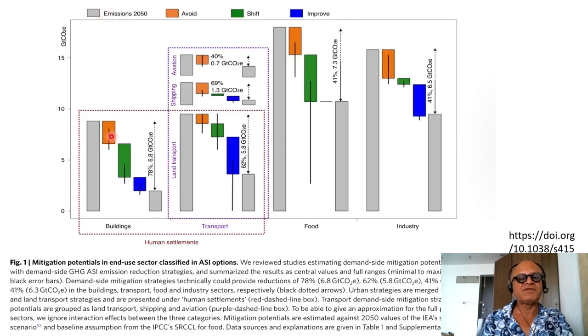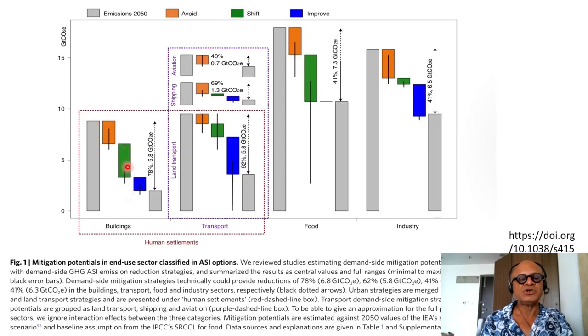And as we have done before, we looked at how much of that can be potentially reduced by these demand side solutions in each. So these are the color codes: avoid, shift, and improve. We'll see what they mean in a minute. So in the building sector, you can see that the estimated emissions are in gigaton CO2 equivalent about 9 or so in 2050, and avoid takes out a chunk of it.